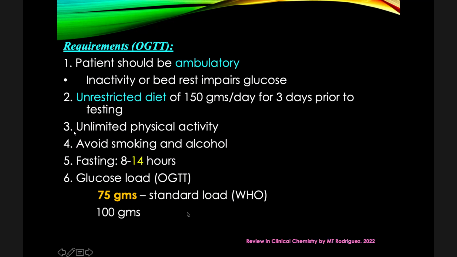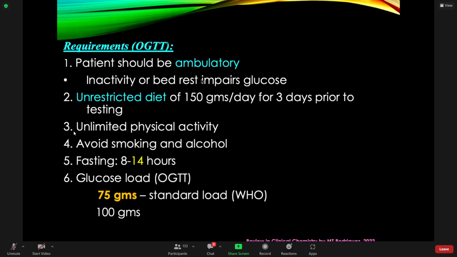Ano ang 100 grams? Oh, para kanino lang ang 100 grams, guys? What type of patient should only receive 100 grams glucose load? Naku, may sinabi ako sa iyo kanina. Pregnant woman, excellent. Only pregnant woman, suspected GDM.